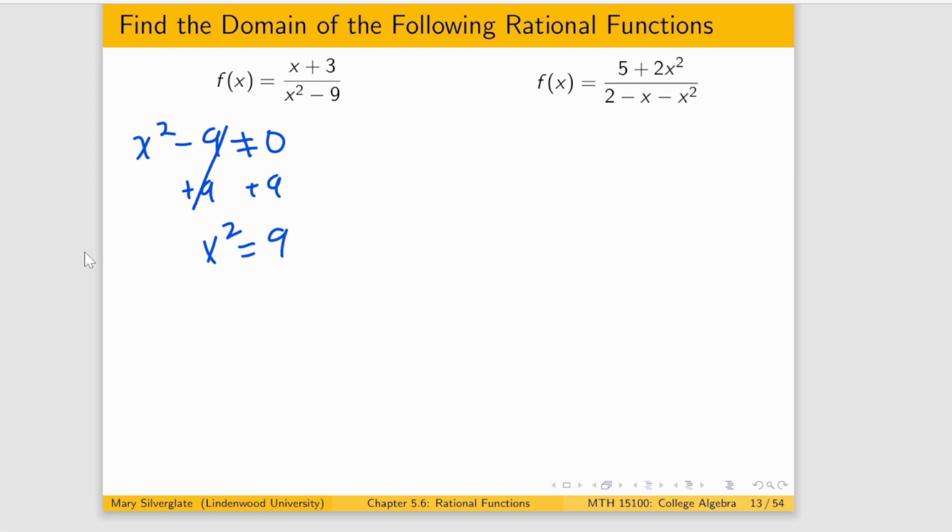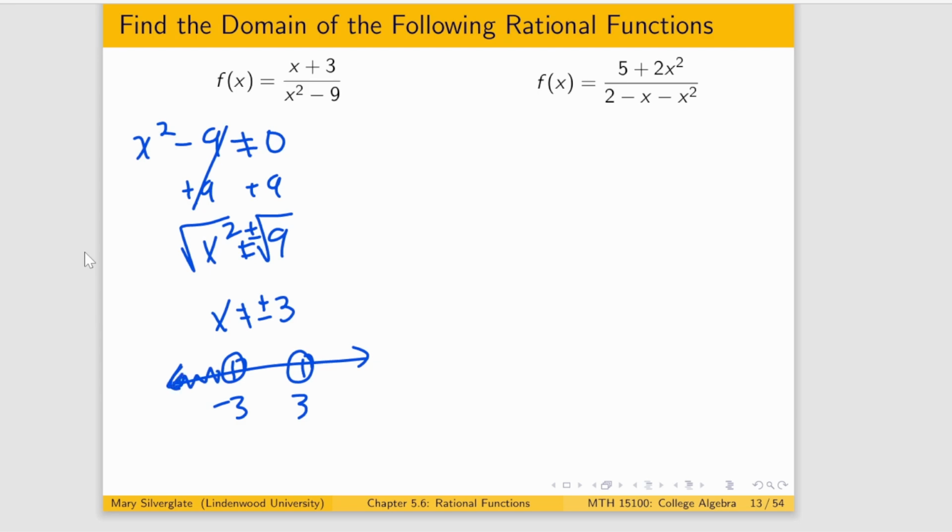Then we want to undo a square with a square root. And when you do that, don't forget the plus or minus on that square root. So then we're left with x equals, and the square root of 9 is 3. So x was not allowed to equal positive or negative 3. If we think in terms of a number line, that would be an open circle on negative 3, open circle on 3.